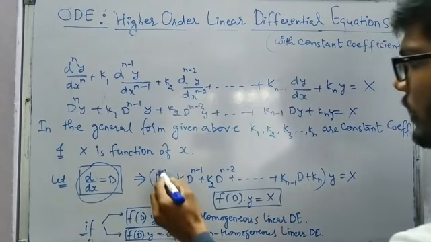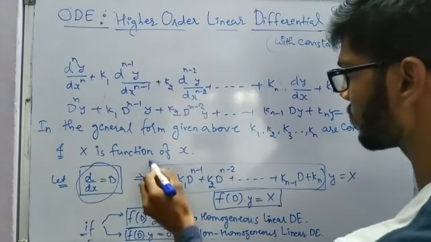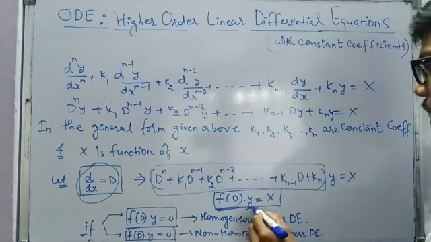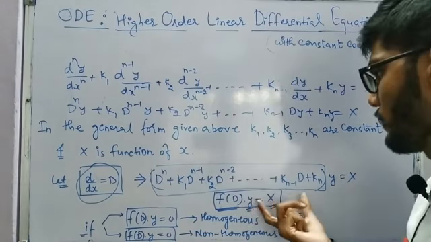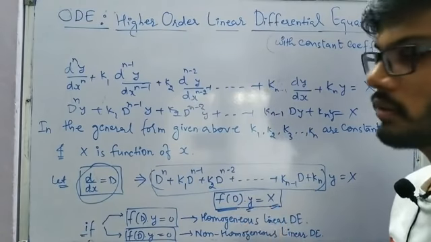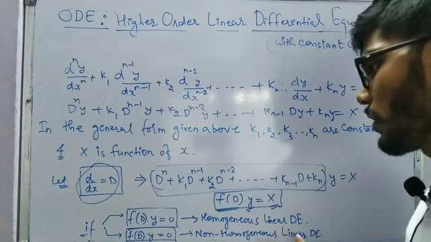We are considering this as a function of D, so I have written f(D) into y is equal to capital X. This general form we are going to encounter while solving the problems further.